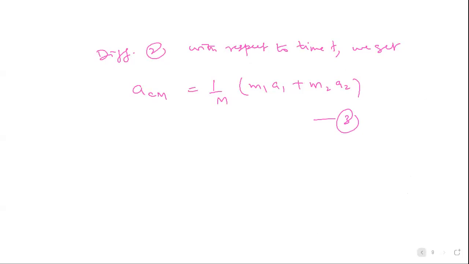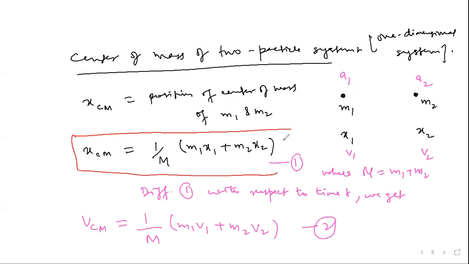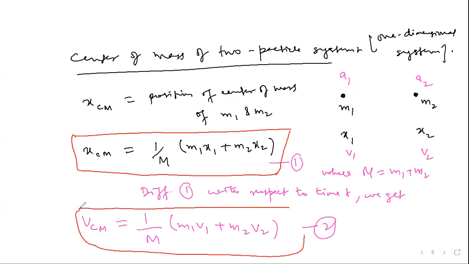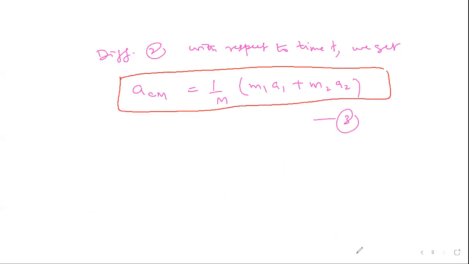So I encircle these equations. This equation gives me the position of the center of mass of this system. This gives me the velocity of the center of mass, and this equation gives me the acceleration of the center of mass.